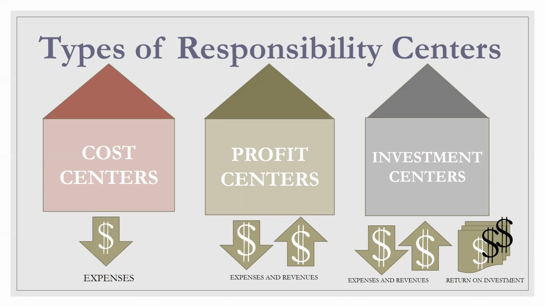Managers of profit centers are judged on the profitability of their centers. Examples of profit centers include the individual departments of a retail store, such as clothing, furniture, and automotive products, and branch offices of banks.